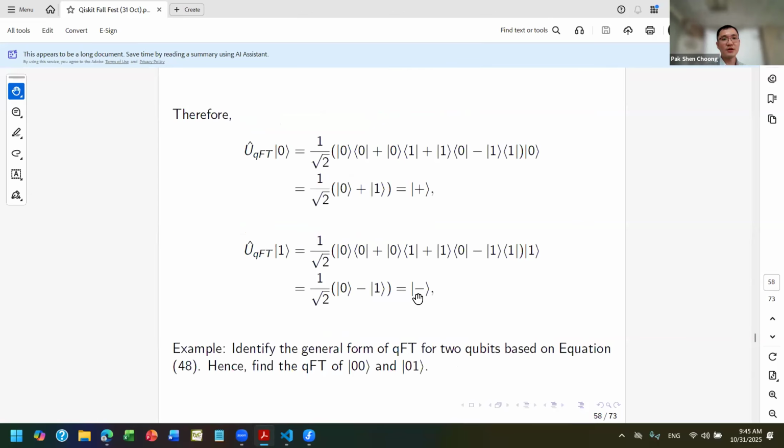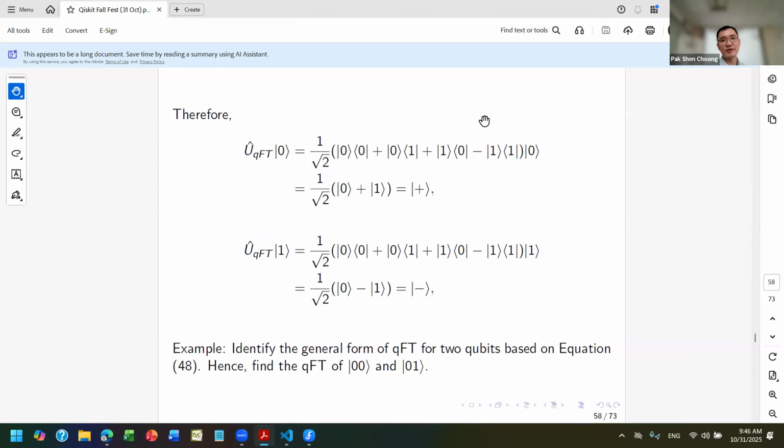Now you try to act on your qubit with the 0 state. Here I show you exactly how you do it by example. Just now I showed you in general how it works if you have a general summation. Now I show you specifically the special cases, because this is easier for you to identify.